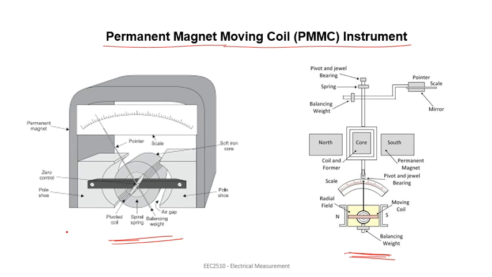It can only measure DC values, because it cannot follow the pattern of variation of the current. If there is variation in current, it will move in both directions. The pointer cannot follow the variation, that is why it can only measure DC quantities, it cannot measure AC quantities.